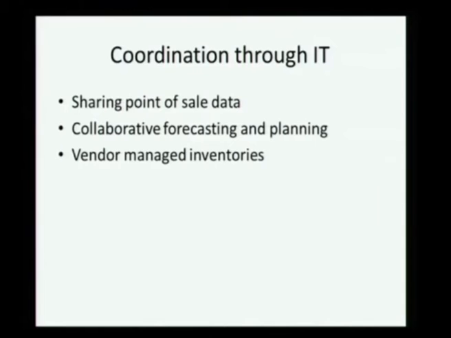Collaborative forecasting and planning: organizations come together and, instead of individually doing forecasting and planning, do the forecasting, planning and other systems in a collaborative manner. And the third one is to look at vendor managed inventories. We did speak about vendor managed inventories, where the organization does not worry about the ordering.